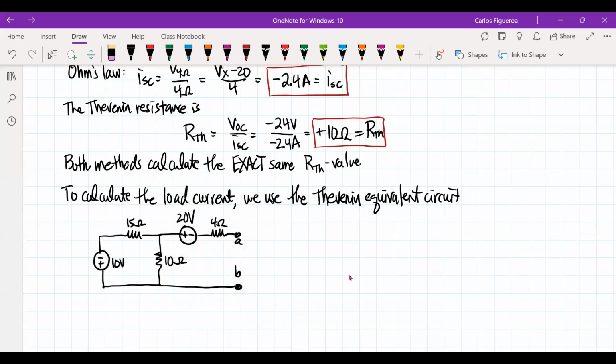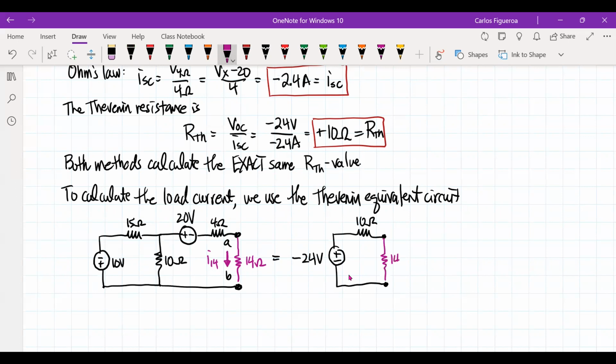I still have my nodes A and B here. Now I'm going to put my load resistor back in, that's that 14 ohm. And our whole goal is to calculate the current of the 14. But that's not what we want. We want to use the equivalent circuit, which looks like this. And clearly, this is much easier to deal with.